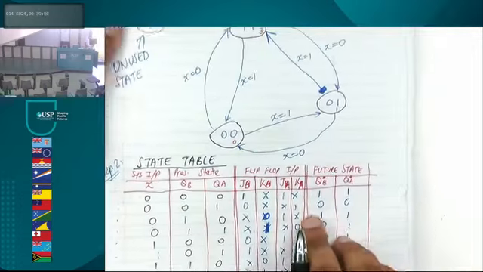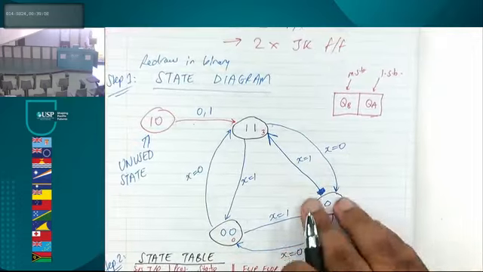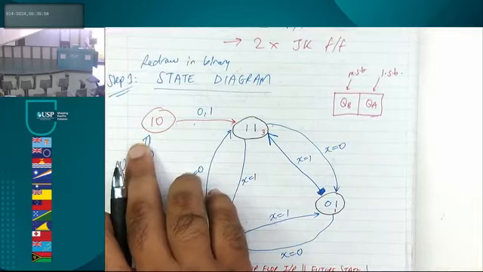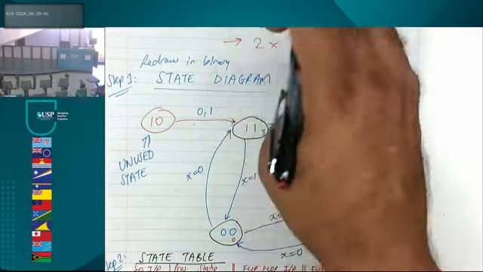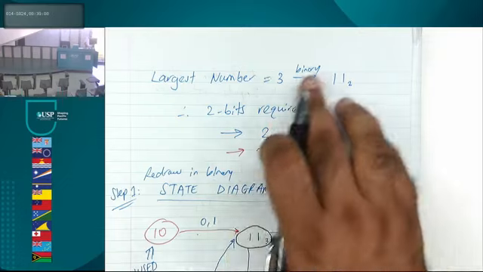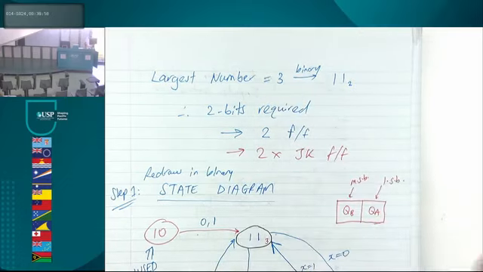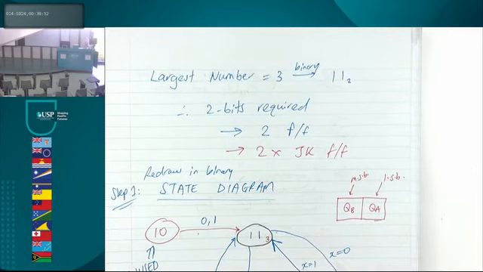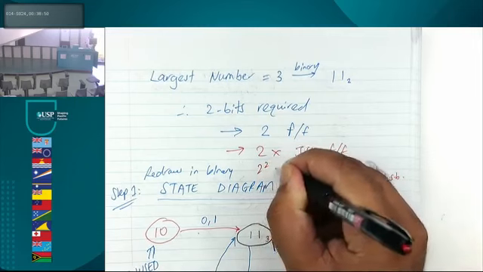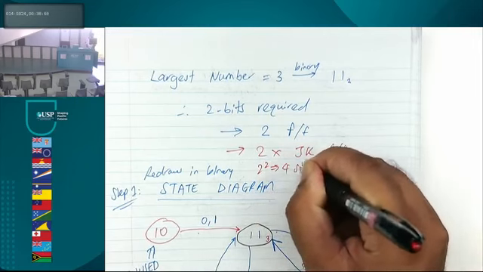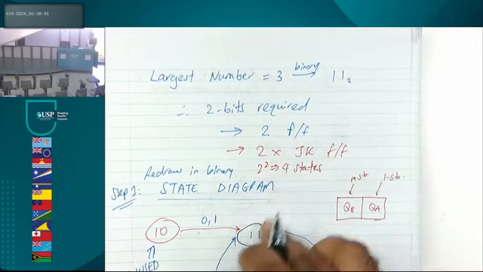Then we converted the state diagram to binary, and we realized there's an unused state. How do we know? If there are 2 flip-flops, the largest number was 3, so 2 bits are required. 2 to the power of 2 is 4 states, and only 3 were occupied.